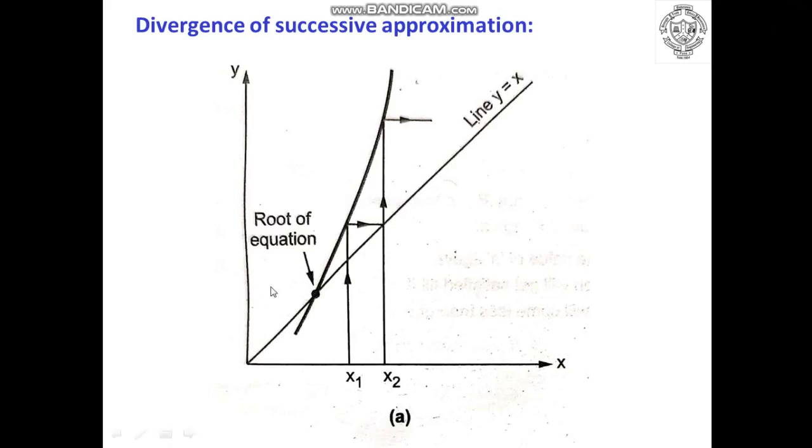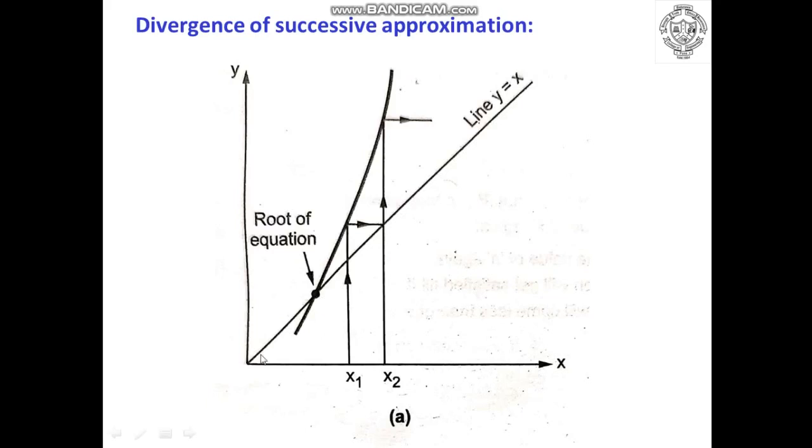If you observe here, the equation y is equal to g of x is represented by this curve, and another equation, a straight line inclined at 45 degrees, which is y is equal to x, is also prescribed in the xy plane. The intersection of these two equations is represented by this point and is considered to be the exact root of the equation.